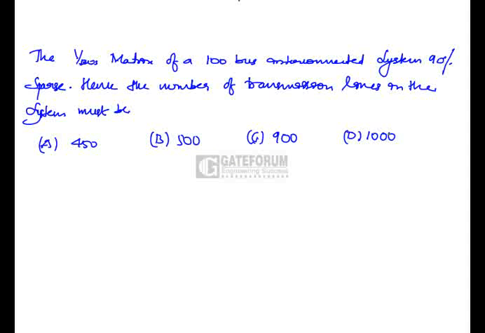The Y-bus matrix of a 100-bus interconnected system is 90% sparse. Hence, the number of transmission lines in the system must be... Suppose you have a Y-bus matrix; generally this matrix is of order n by n. Here the number of buses is 100, so this matrix is of order 100 by 100.